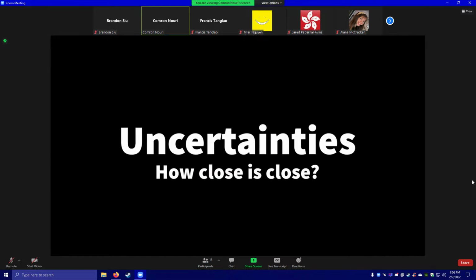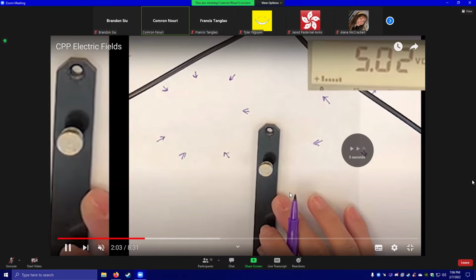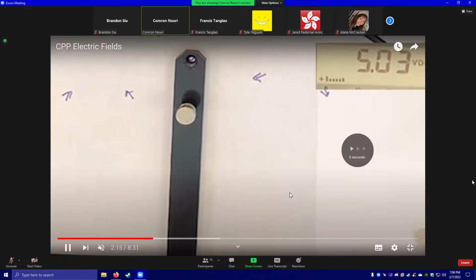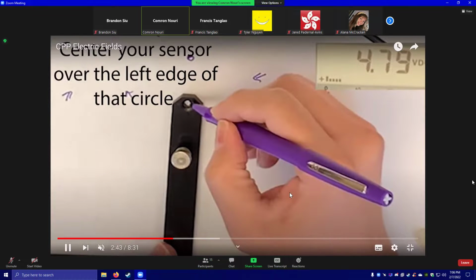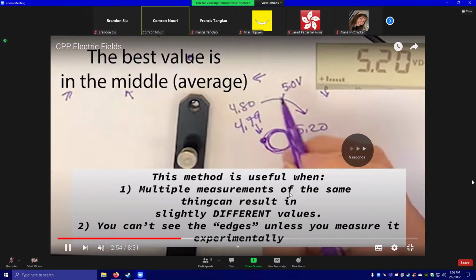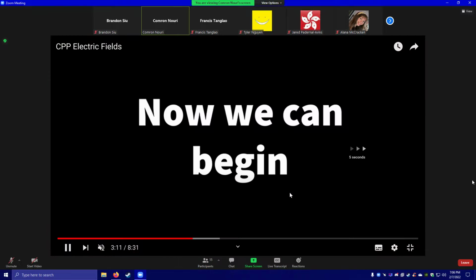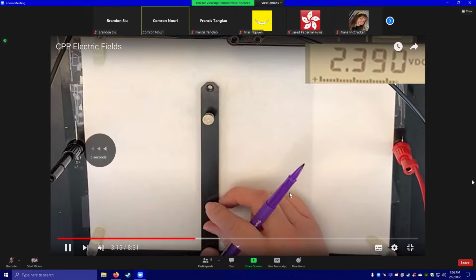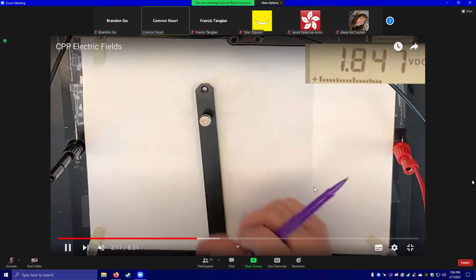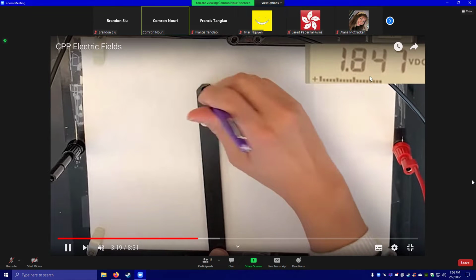All right. She's talking about uncertainties that we are not going to use, so don't worry about that. We don't talk about that because we're not going to use it in the lab. So now she's marking, you see, a point that is about 2 volts.